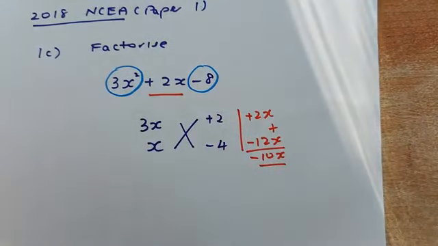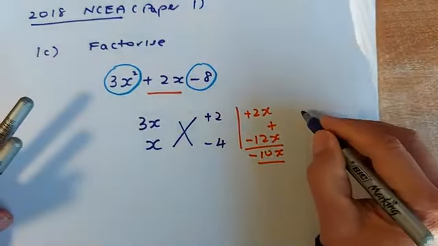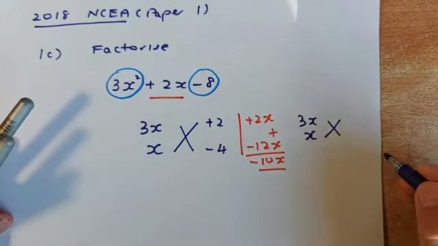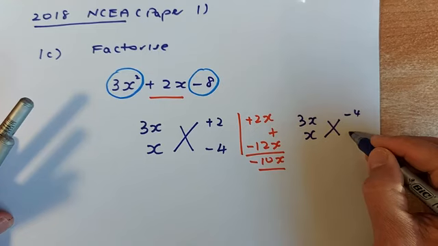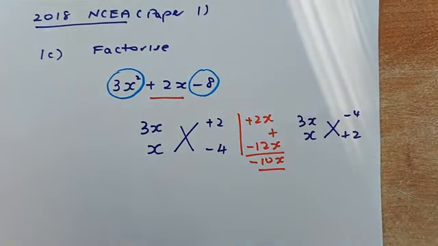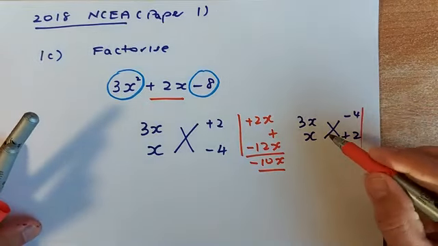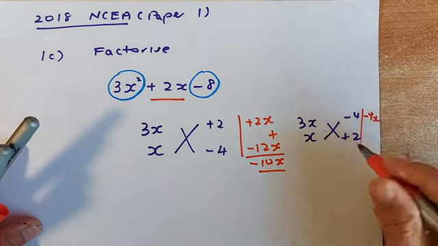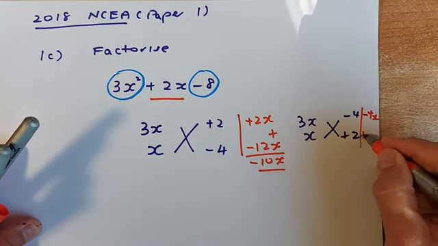The next possibility, we're going to try 3x and x, and then we are going to put negative 4 and positive 2. When you multiply them, x multiplied by minus 4 is minus 4x, and then 3x times 2 is going to be 6x.